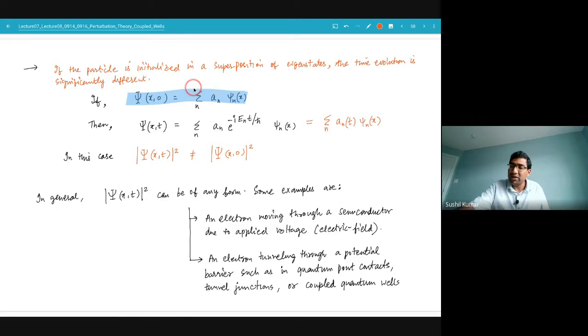And then when you are looking at different times, you multiply each one of those coefficients with their corresponding energy phase factors. This gives you the time evolution of that state. Basically, the coefficients become functions of time. But you will notice, when you solve this, that each coefficient has a different phase factor now.